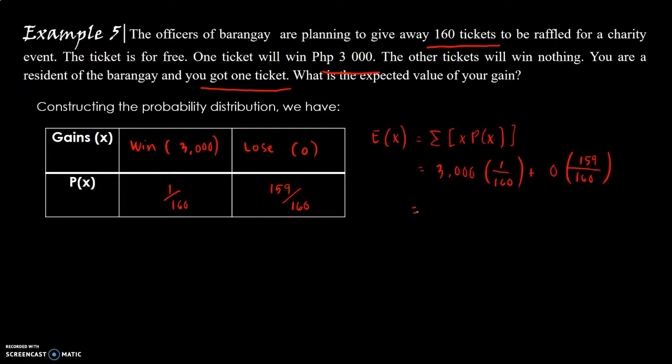Okay, using your calculators, you have 18 pesos or 18.75 as your expected value. And since your expected value is 18 pesos and 75 centavos and it's positive, then meaning to say it is an expected gain. Okay, it is an expected gain.